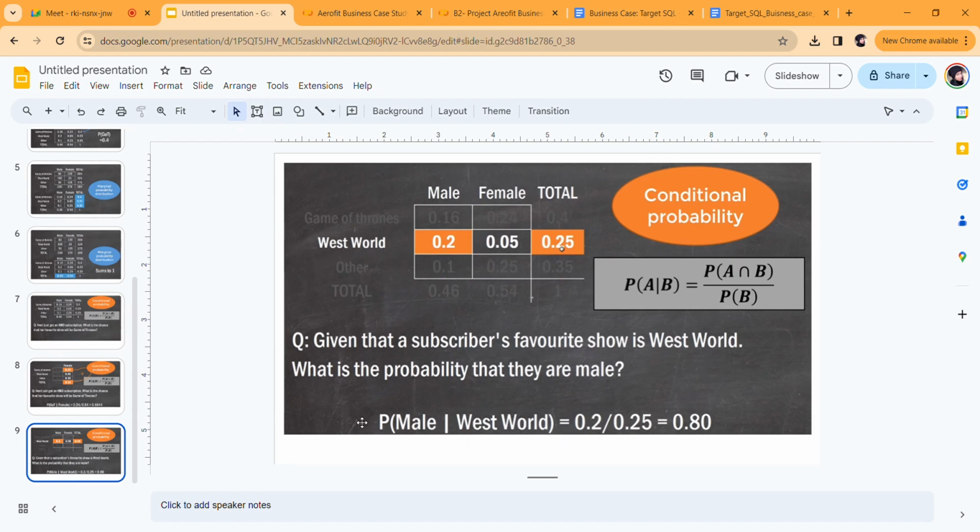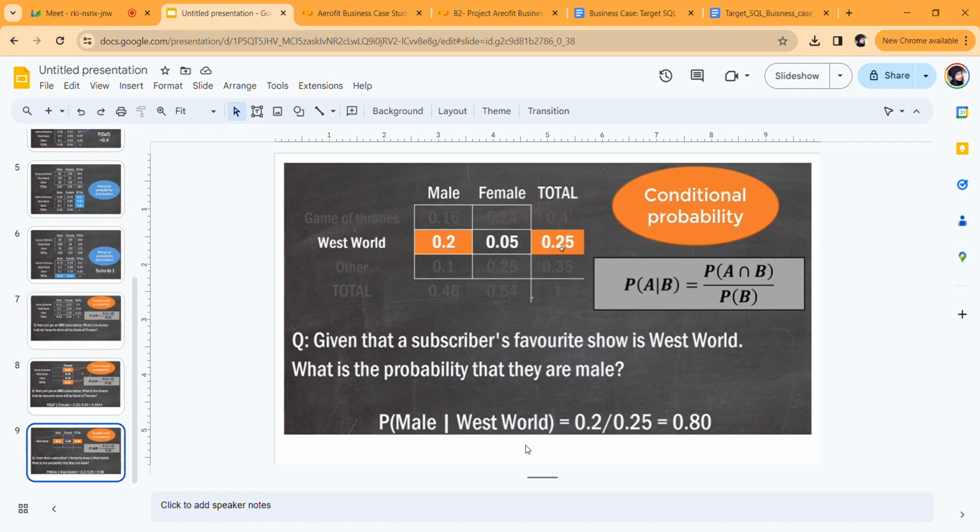Given that the show being watched is Westworld, I want to know how many males are watching Westworld. We already know that 0.25 of the population are watching Westworld. Now among these people, how many are male?